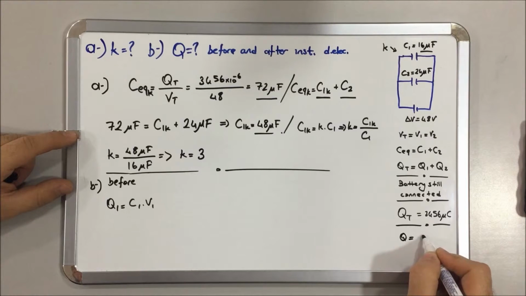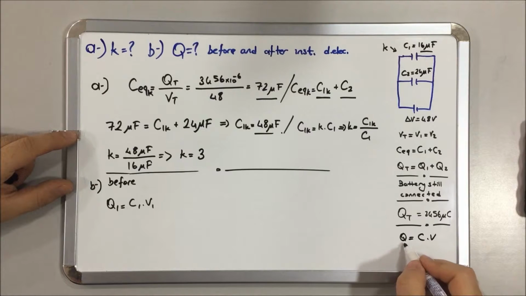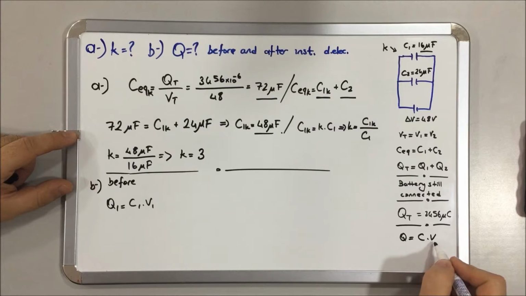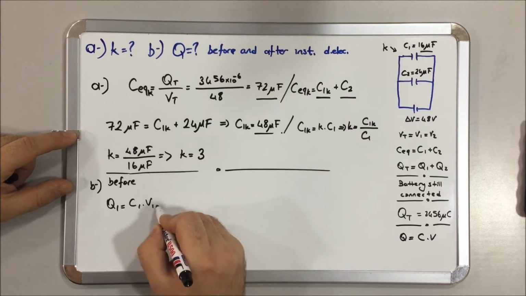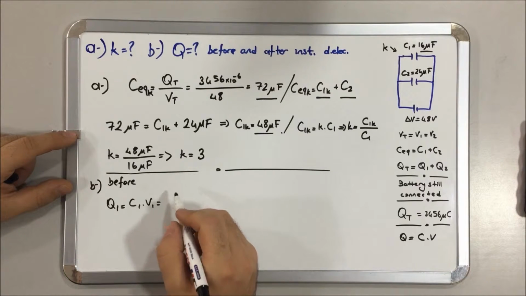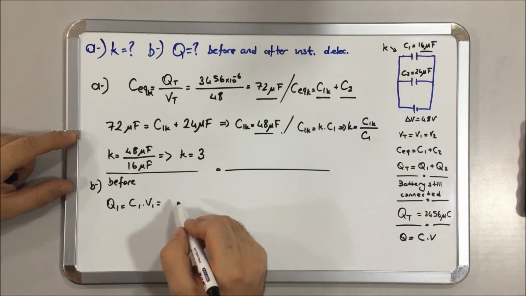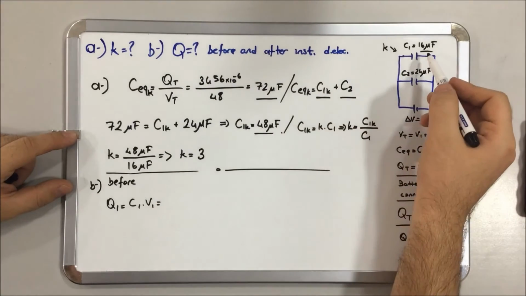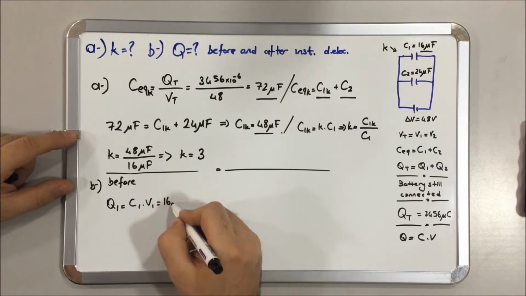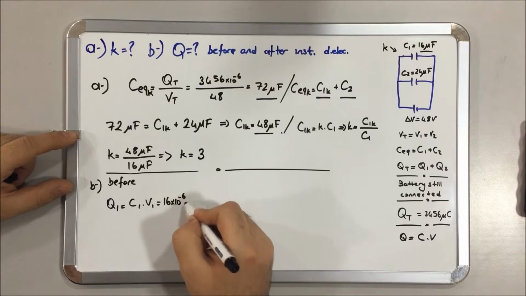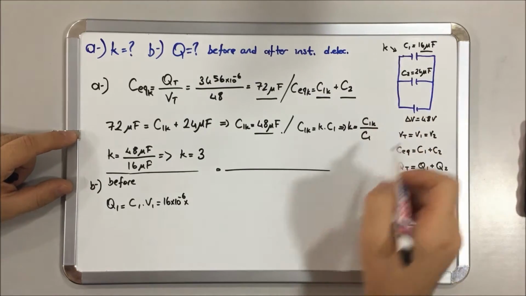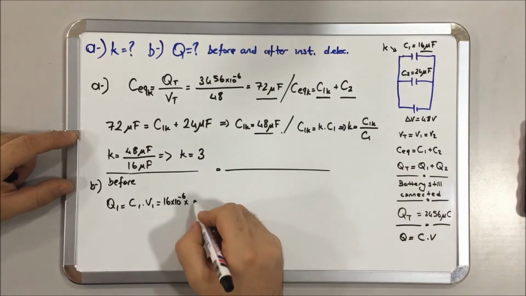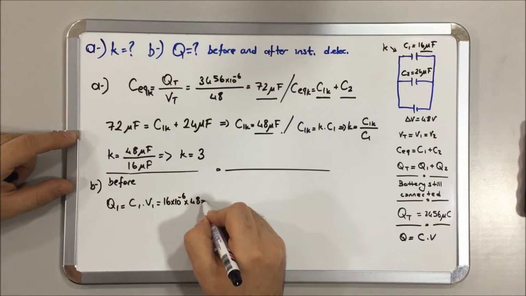Q is equal to C times V: charge is equal to capacitance times potential difference. First charge is equal to first capacitance times first potential difference. So the first capacitor's charge before inserting dielectric is 16 times 10 to the power of minus 6 times the potential difference. Because they are parallel, the potential difference equals the total potential difference, so it will be 48.